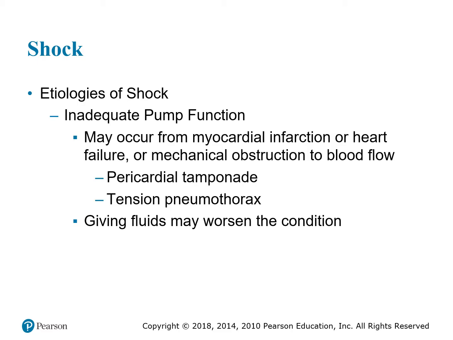You all should be able to break up that term myocardial infarct as death of heart muscle, and plainly put, if the heart muscle is dying or is not working, then that will lead to the pump failing. A couple other examples we'll highlight here are the pericardial tamponade and the tension pneumothorax. We'll probably talk more on these later in the cardiac and respiratory chapters, but for now, these are just a couple extra examples.